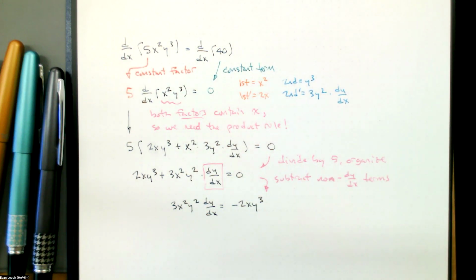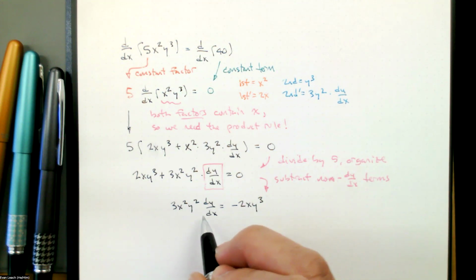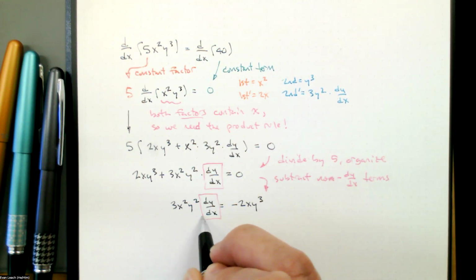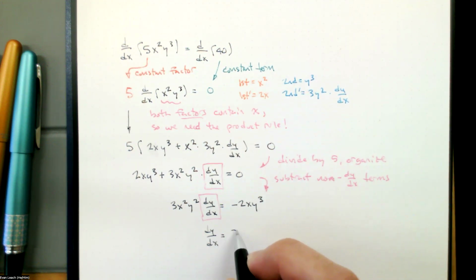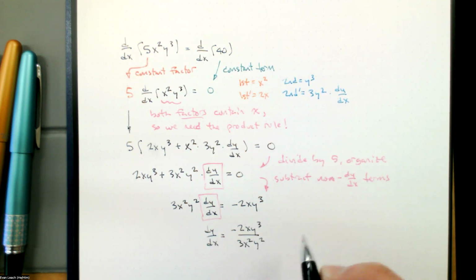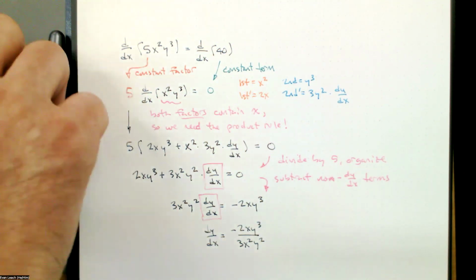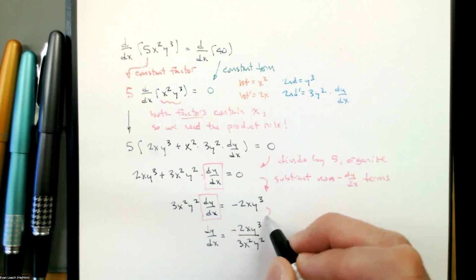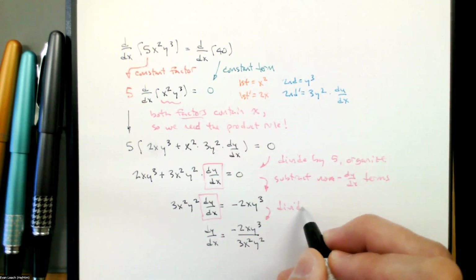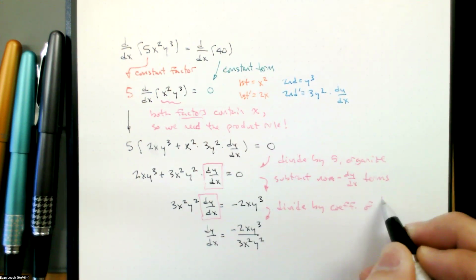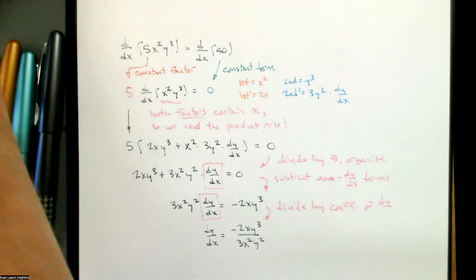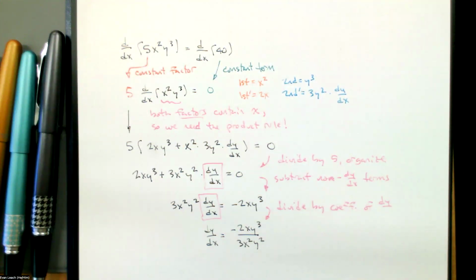So we'll subtract the non-dy dx terms, and then we'll divide by the coefficient, because we're still looking for dy dx. Now dy dx is being multiplied by a bunch of stuff. So we divide by the coefficient. Let's divide by the non-dy dx factors.